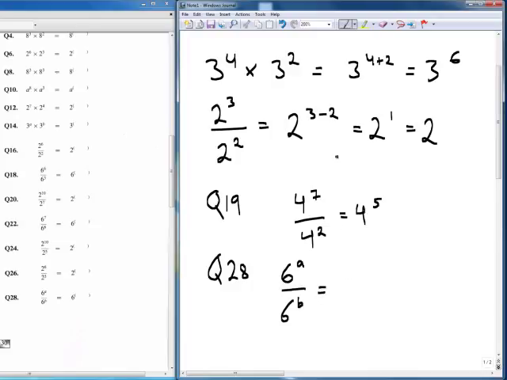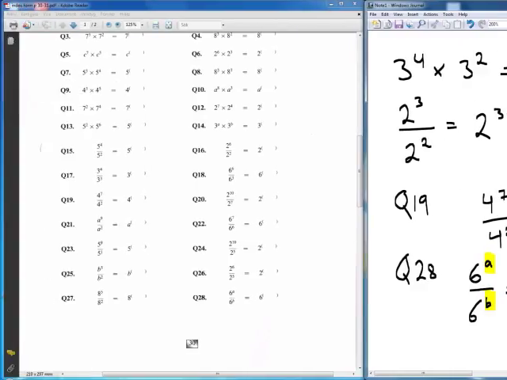We do the same thing as we did here. So 6 is the number here, and then we take this minus this. And since we don't know what A is, we don't know what B is, we can't write a number, so we have to write A, whatever it is, minus B. So that's the answer.